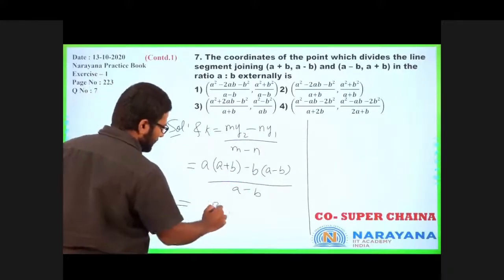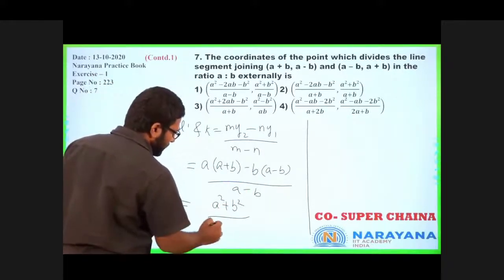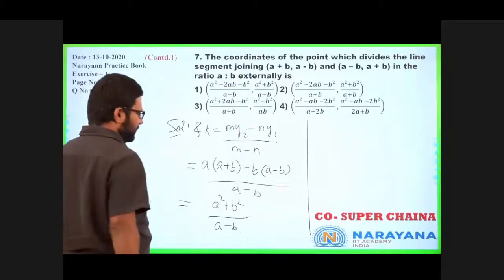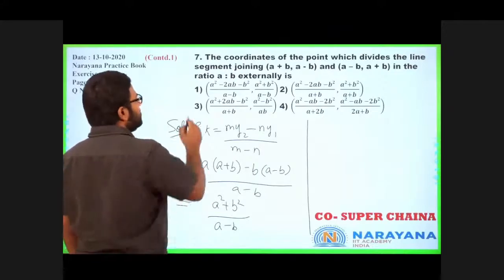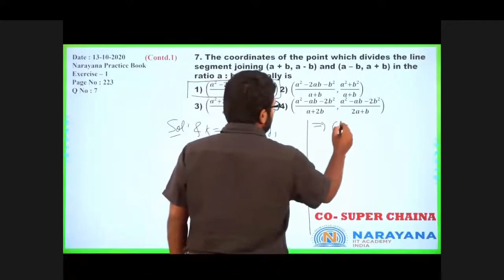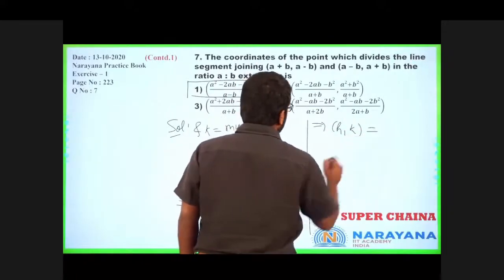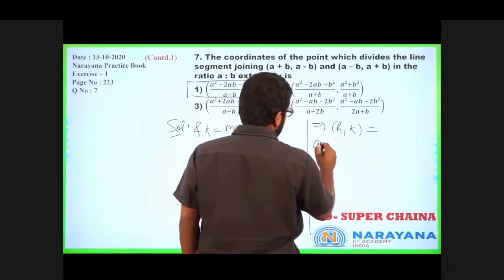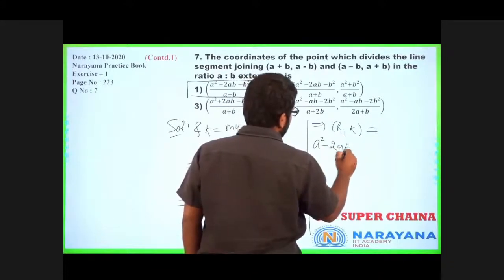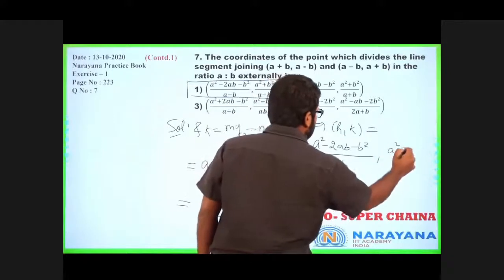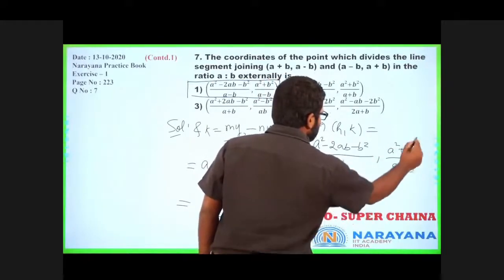So ab will get cancelled. a squared plus b squared upon a minus b, which is also there in option 1, right? Which means option 1 is correct, right? Which means H comma K is (a squared minus 2ab minus b squared) upon (a minus b), comma, (a squared plus b squared) upon (a minus b).